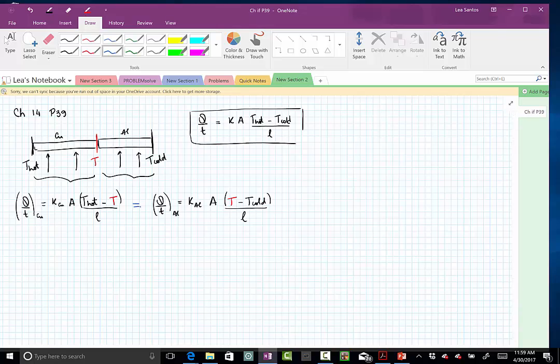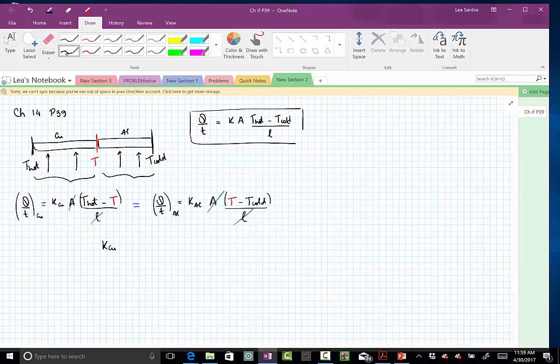The cross-section of both rods is the same, and the length of both rods is the same, so we can just cancel A and cancel L.